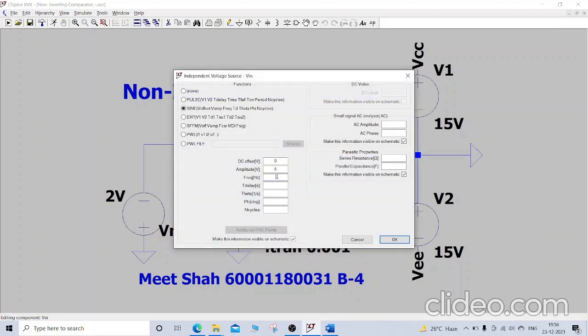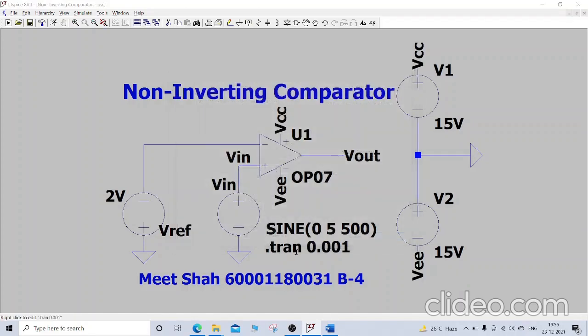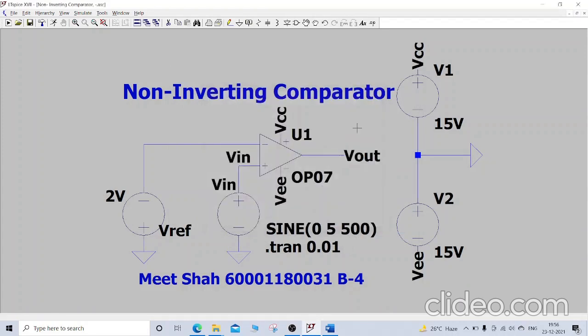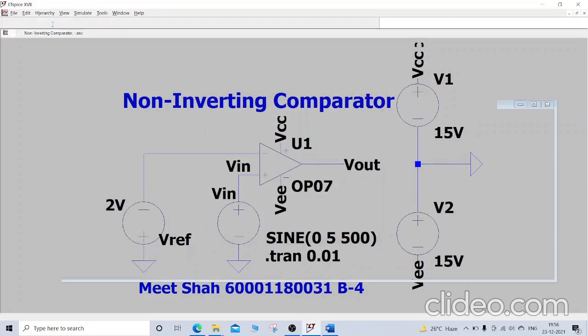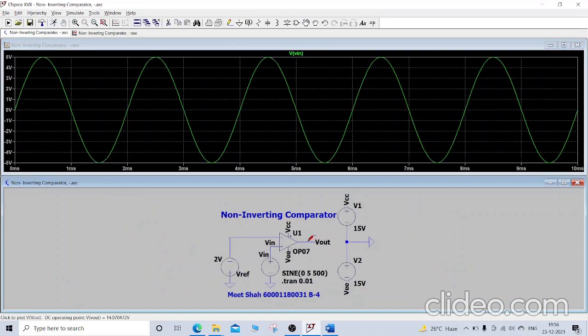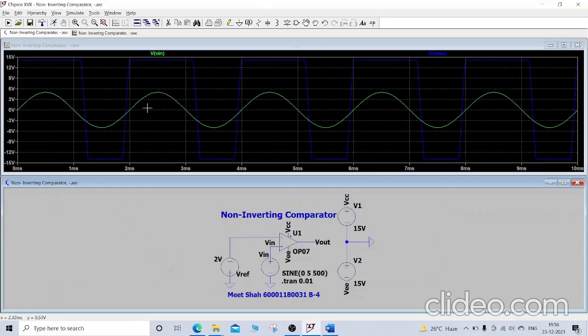We'll first do 500 hertz. So we'll give it as 0.01 to see what we get in the output. So V in, V out. So again we can see we're getting kind of a square wave as our output.